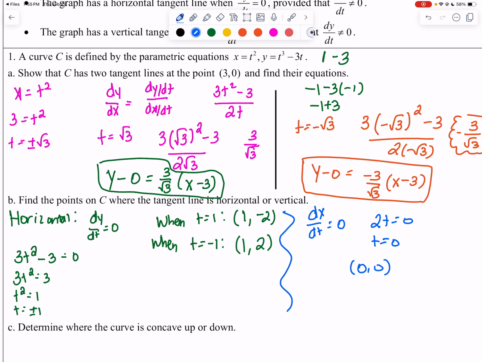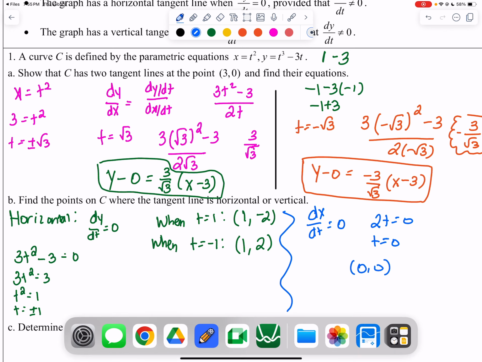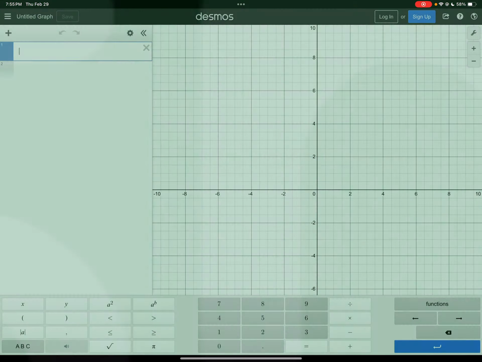All right. Before I do part C, what I want to do is actually go to Desmos and show you the tangent lines, the horizontal tangent line and the vertical tangent line for 1A and 1B. What I'm going to do is go ahead and go to Desmos. This is just a demonstration.